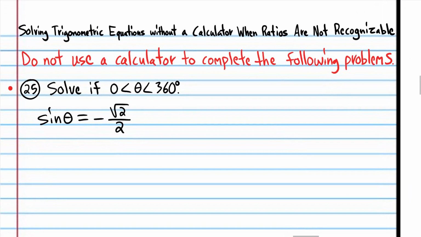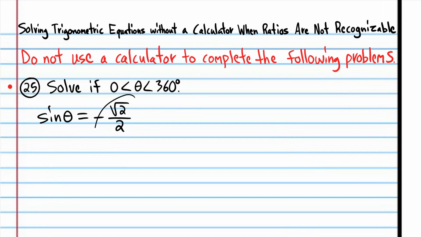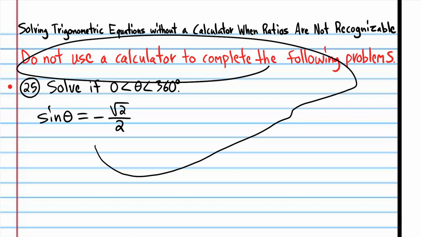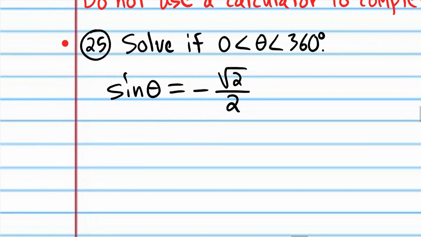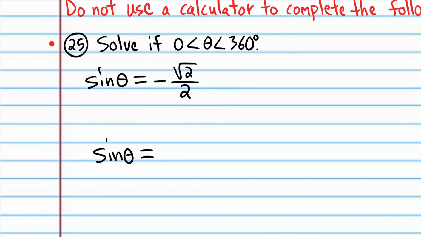So now we're going to deal with equations where we have a ratio that doesn't seem to be recognizable, but it turns out that we can actually solve the equation without a calculator, because even though the ratio doesn't seem to be something we recognize, if we change the form, we'll see that this equation does correspond to special angles.